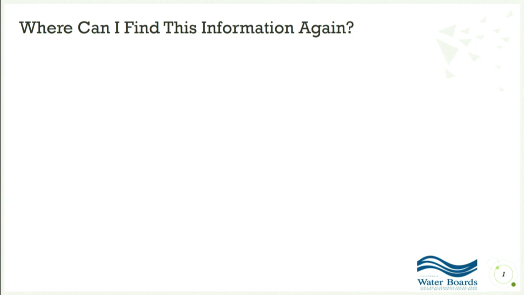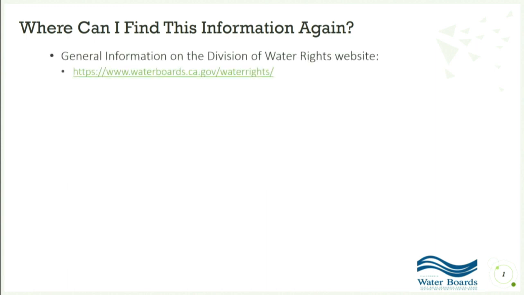So where can I find this information again? The first place is for general information, the Division of Water Rights website. We've been making a lot of changes, trying to make things more accessible. We know it's a work in progress, but for most general information, you can go there and use the search function if you have something very specific.